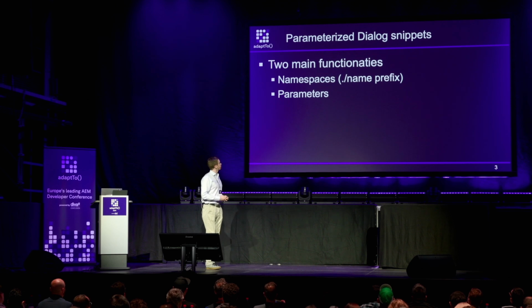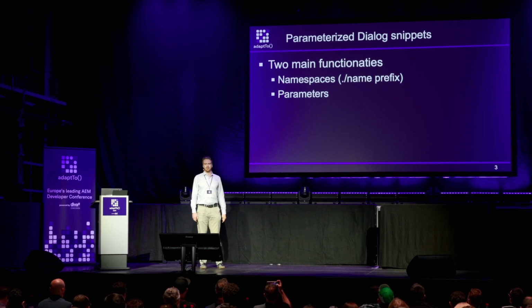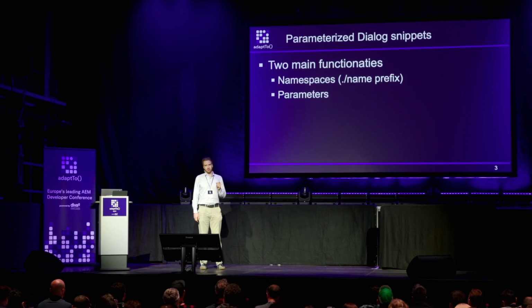Right, so why do we need parameterized dialog snippets? We already have an include in the XML dialogs in AEM, but you can only really include them as is. Now, you do have the Sling resource merger, which I'll mention later, but you need to basically adjust or overwrite properties one by one, which can get cumbersome.